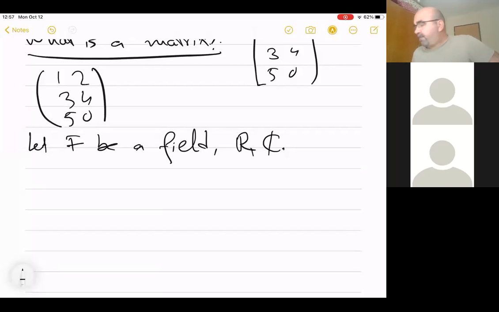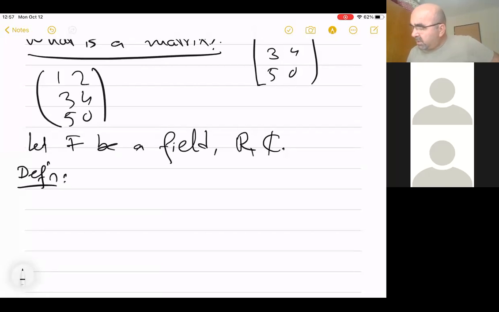We will see formally, we will see a matrix as a function.